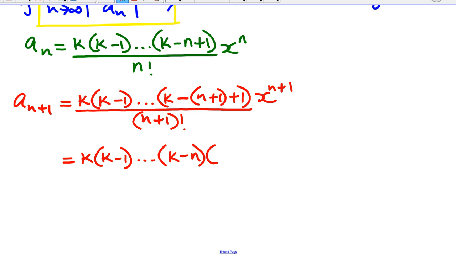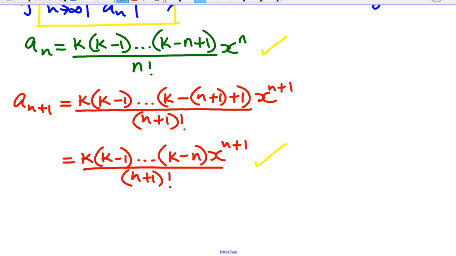And then x to the power n plus 1 over n plus 1 factorial. Good. So now we have these two that we are going to use, that and that, to plug into that formula.